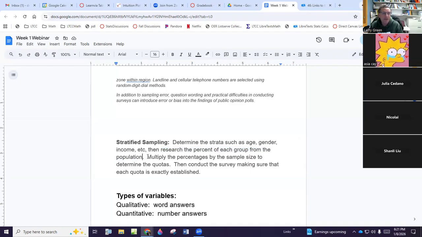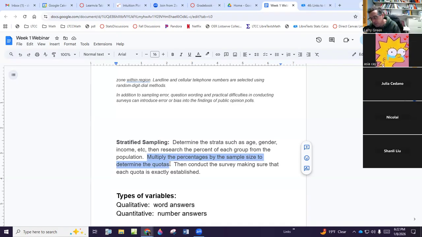Okay, the next step is you multiply the percentage by the sample size. So if you want a sample size of, say, 500, and let's say 40% of Americans were Republican. By the way, I don't know what percent actually are Republicans, but then you would take 40% of 500, and that would be 200. And that would be the quota for the Republicans.